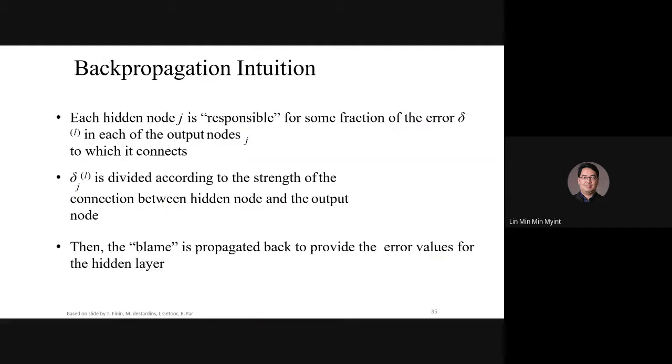As I mentioned in the previous slides, each hidden node j is responsible for some fraction of the error.